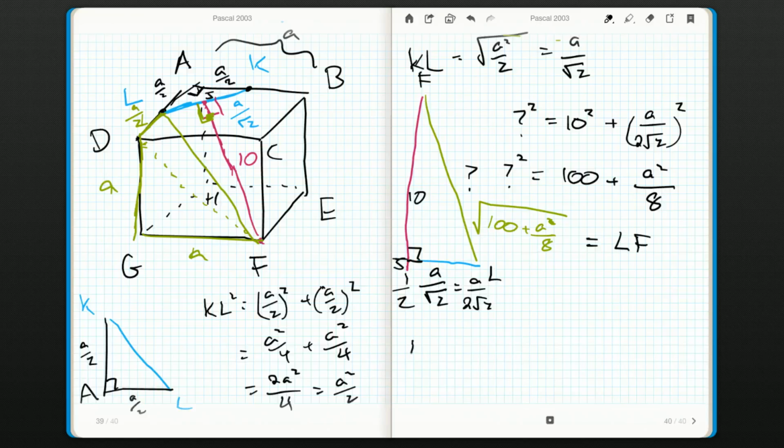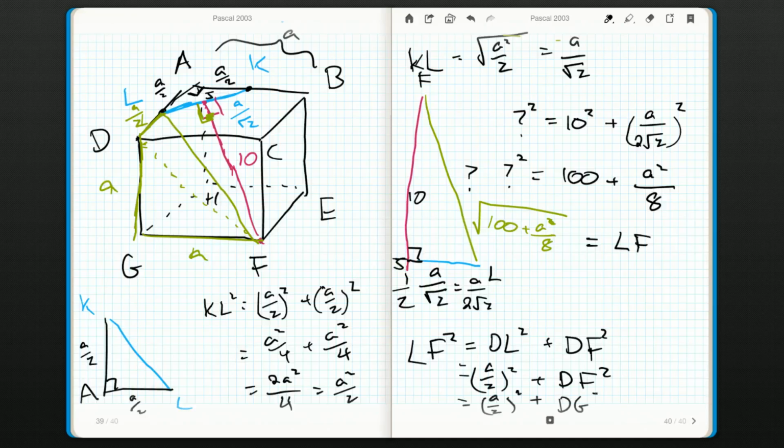Now, there's another way to calculate LF squared. It's also DL squared plus DF squared, but that's a over 2 squared plus DF squared. And there's another way to calculate DF squared.